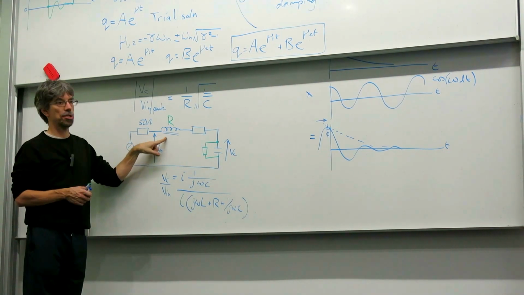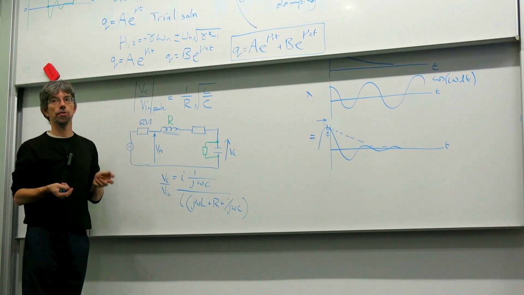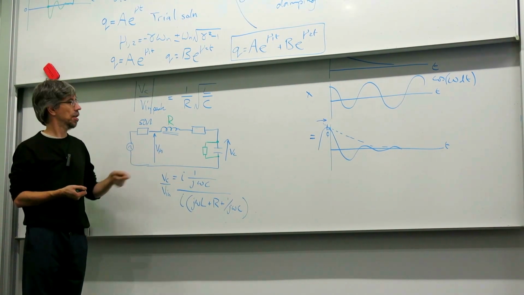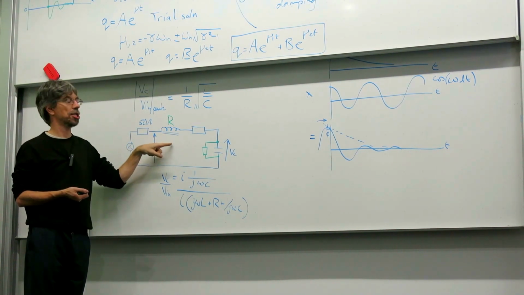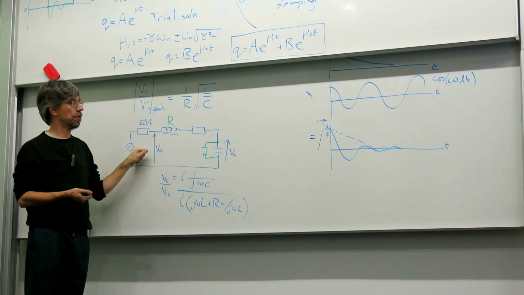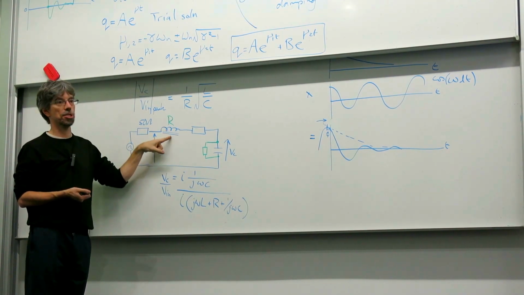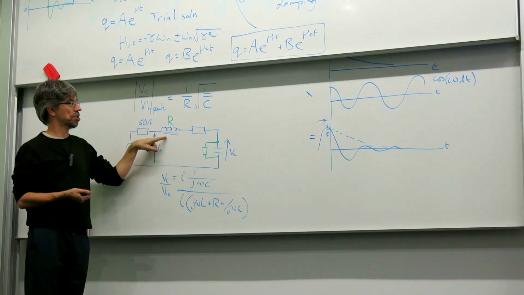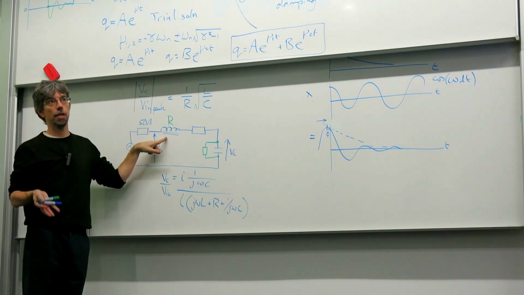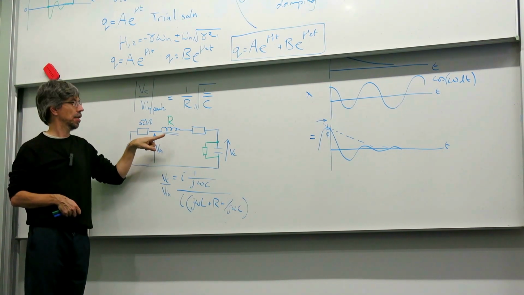The wire that makes up the inductor, as we saw when you were doing the bulb, the hotter it got, the higher the resistance. So this R might actually change depending on how you're driving the circuit. Perhaps you've got the voltage turned up very high and the resistor's getting hot, or maybe it's a high frequency and the resistor's getting hot, or maybe it's at resonance and the inductor's getting really hot.